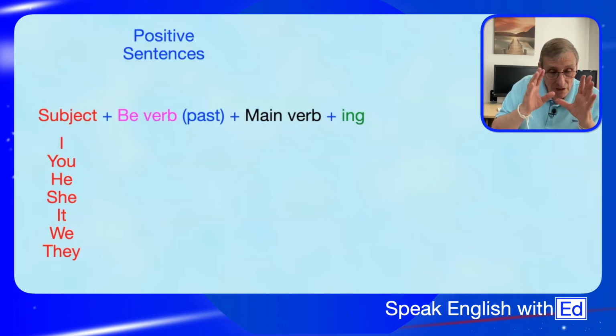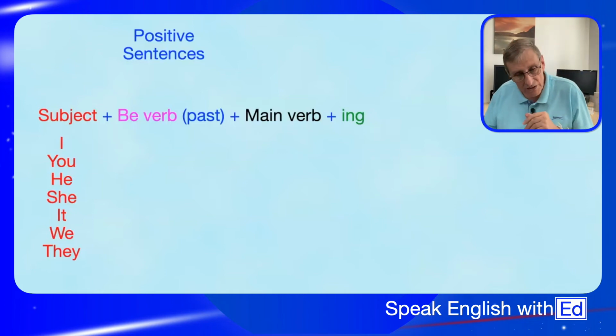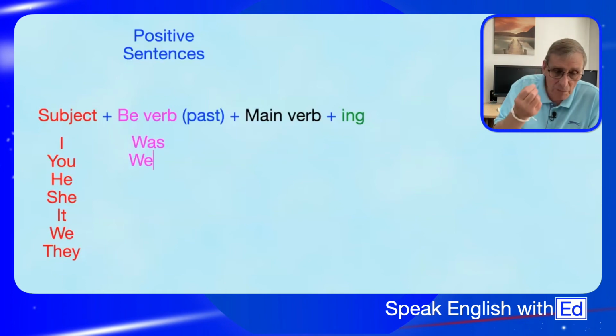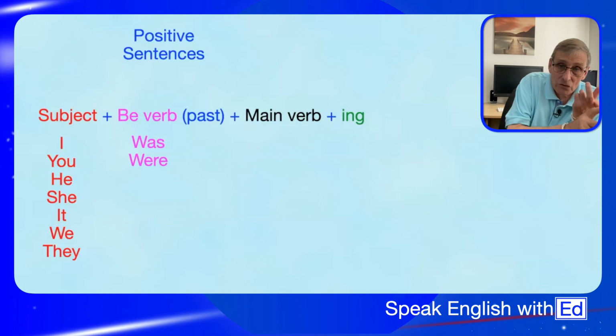You need to make sure that you understand that you're using the correct subject, and then you need to use the correct be verb, which is going to be was or were. So I was, you were, he was, she was, it was, we were, and they were.